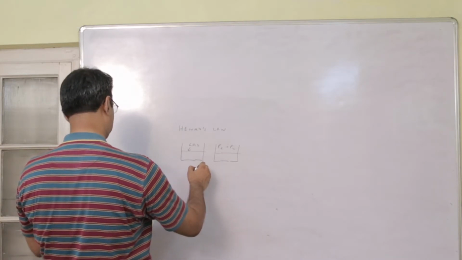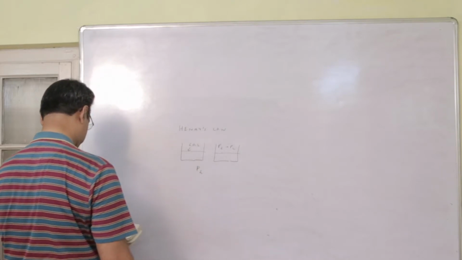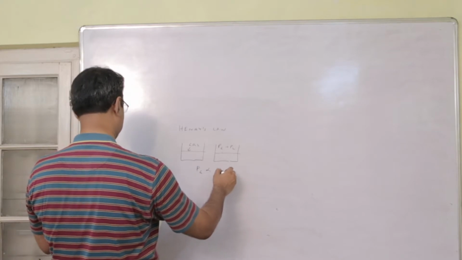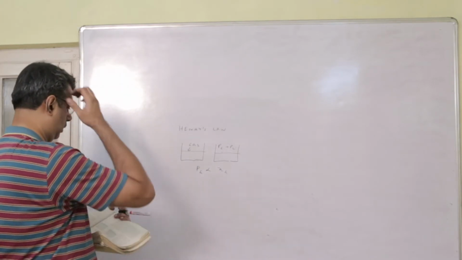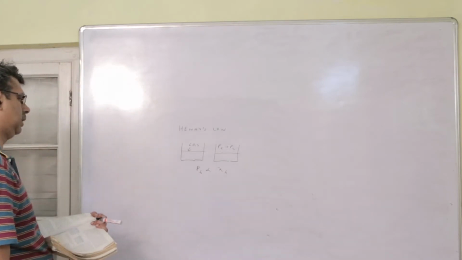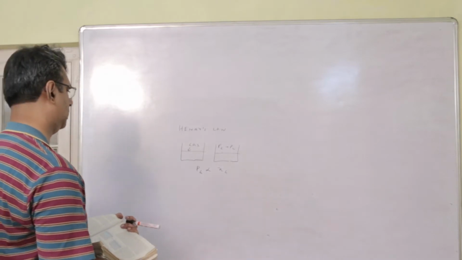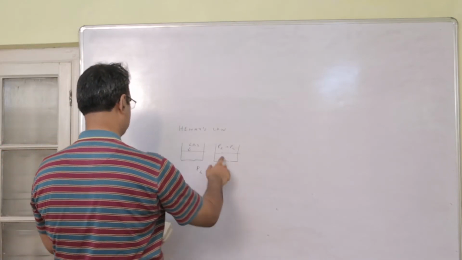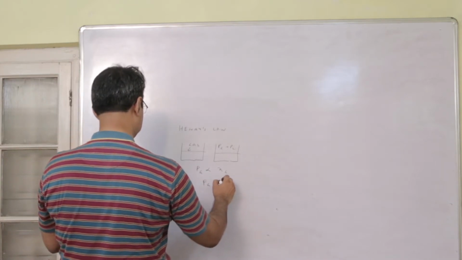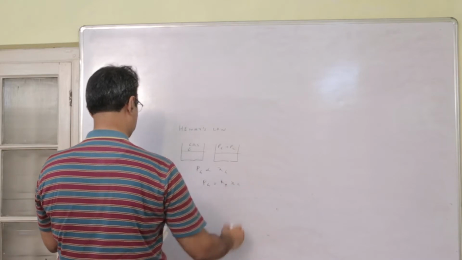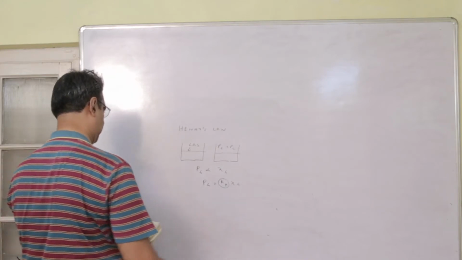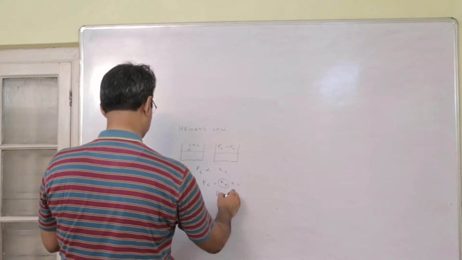According to Henry's law, the pressure of the gas in the vapor phase is proportional to the mole fraction of the gas in solution.